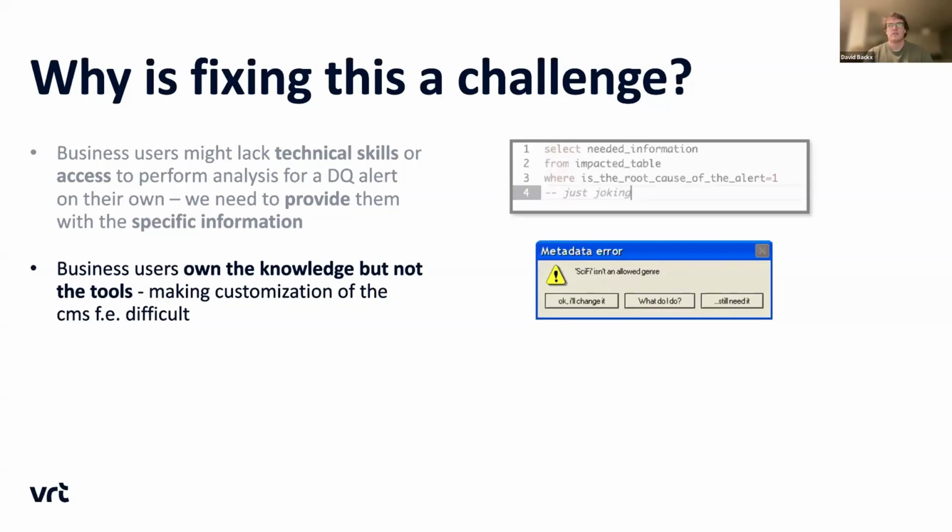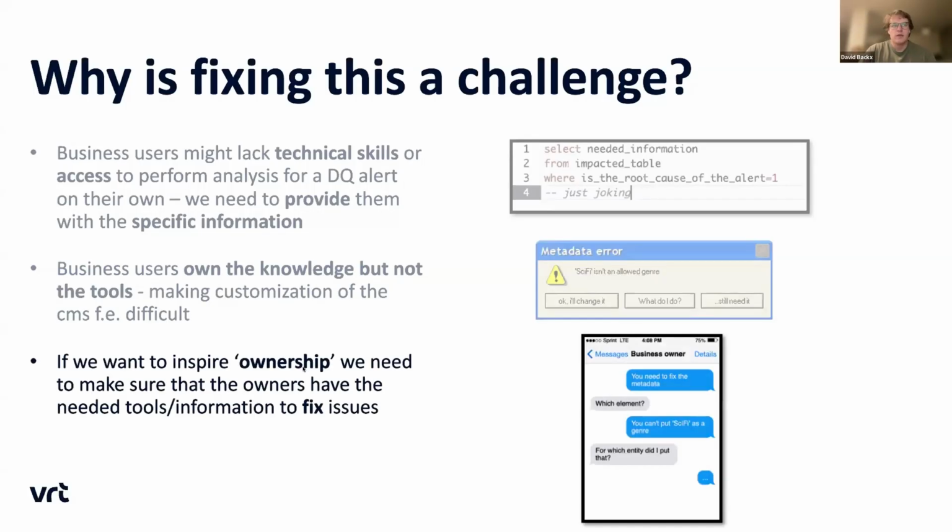For example, making some customization of a content management system is difficult, and it's also something you really don't want to do. And the goal is also to inspire ownership among the business owners, to make them the owner of the data, so that in the end they can implement the fix as well. So this is also really important.